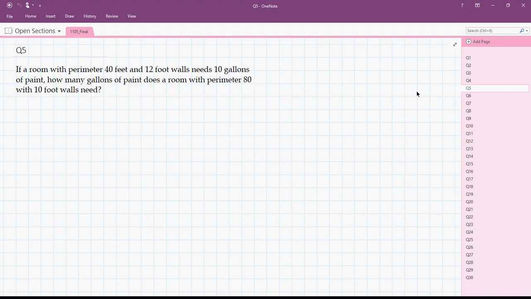Okay, let's see. If a room with perimeter 40 feet and 12-foot walls needs 10 gallons of paint, how many gallons of paint does a room with perimeter 80 and 10-foot walls need? Okay, so we have some room.